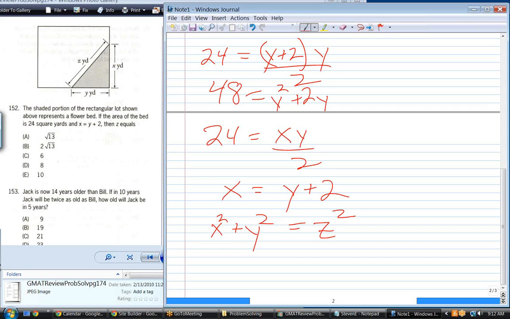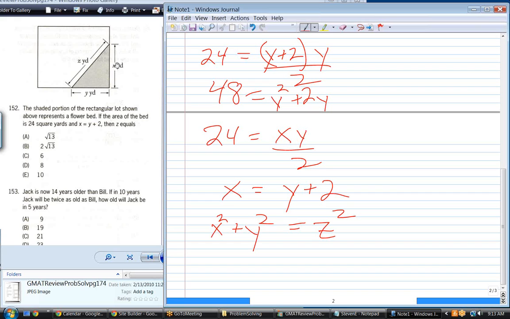Right triangle. Okay. So I looked at this and I started wondering, if z is 10 and this was 6 and this was 8, everything would be perfect. X would be 2 more than y.